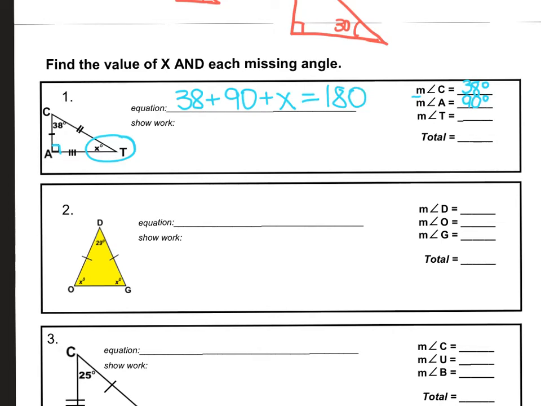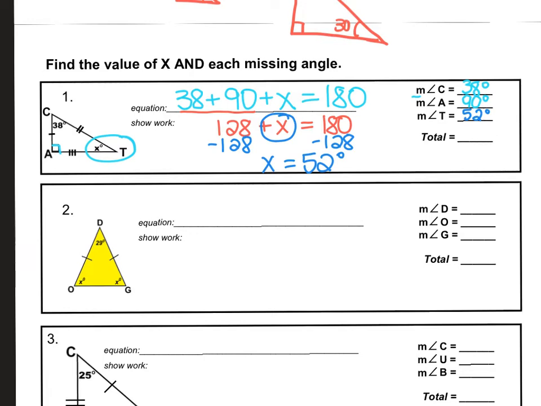So I'll go ahead and combine like terms. 38 plus 90 right here is 128 plus x equals 180. Remember, our goal with solving equations is to get x by itself. So we would subtract 128 from both sides, and we would see that x equals 52 degrees. So I'm going to put that over here.